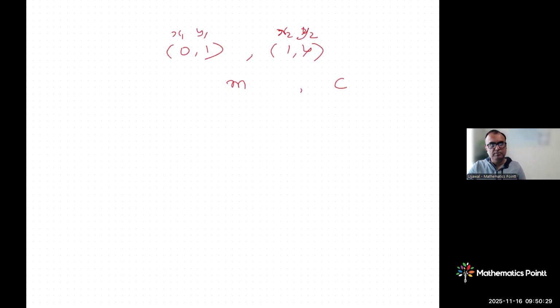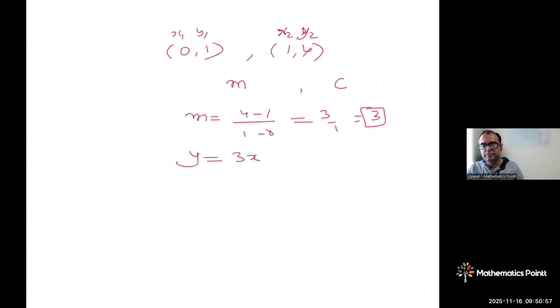Let me find the slope. Slope is y2 minus y1 over x2 minus x1. 3 over 1 makes it a 3. So my equation is y equals to 3x plus c.